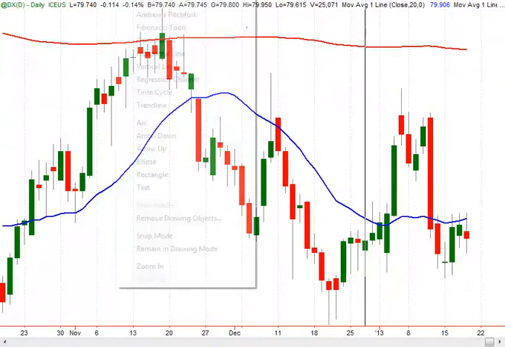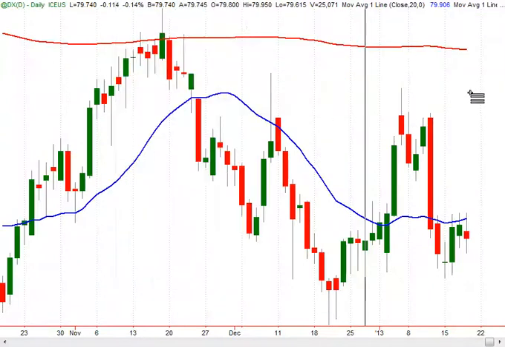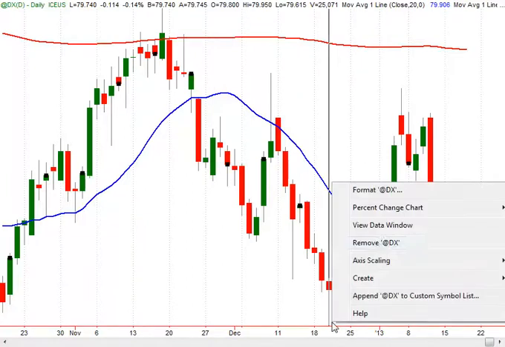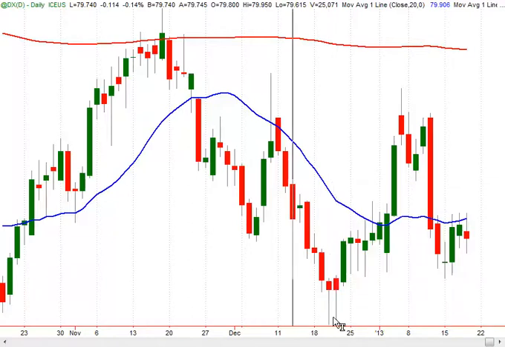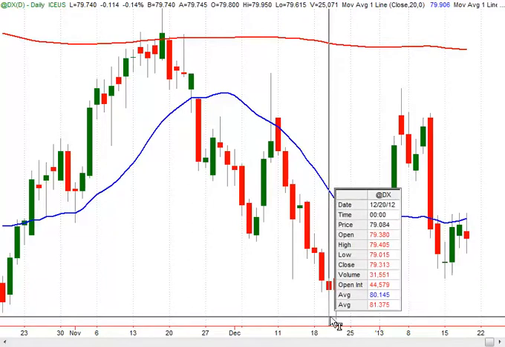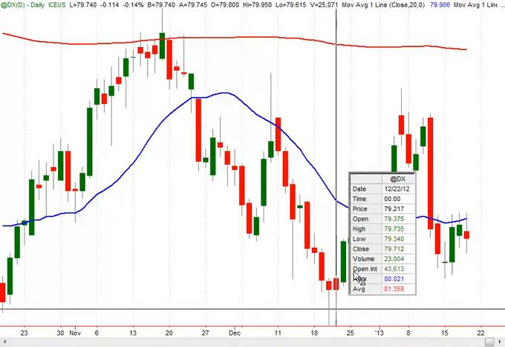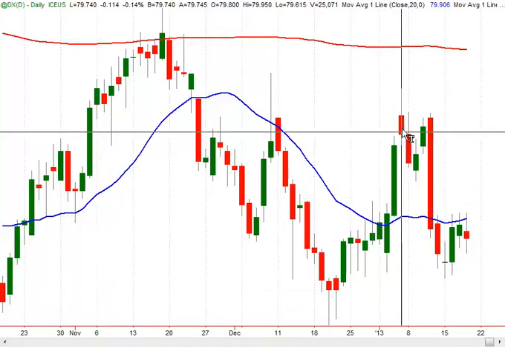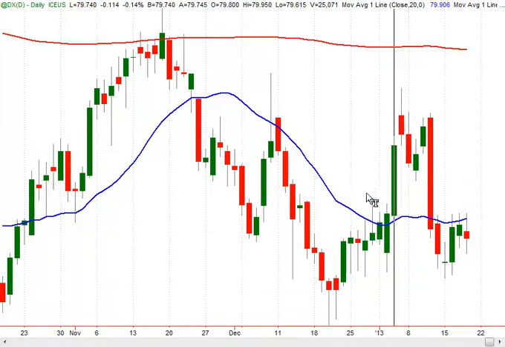On a very short term, on the daily chart, we could see this move higher that I called correctly on the 20th of December. You might want to review the videos. I said that we would possibly get a reaction higher. I was not expecting this reaction higher in the last few days, but that's what we got, and that's probably due to the fiscal cliff affair in the United States.